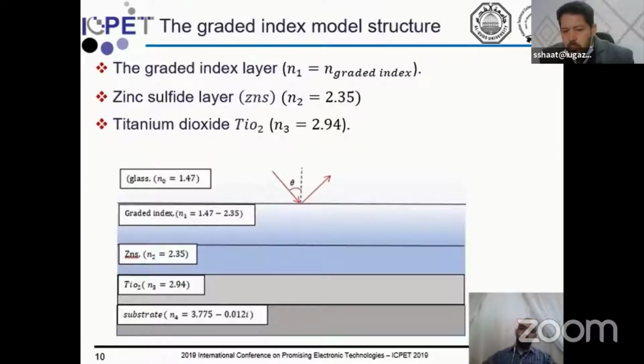Our proposed structure of anti-reflection coating consists of the graded index, zinc sulfide, and titanium dioxide. These three material layers are sandwiched between a glass layer from the upper and the substrate from the lower. The graded index has an effective refractive index, which lies between the upper layer and the lower layer.